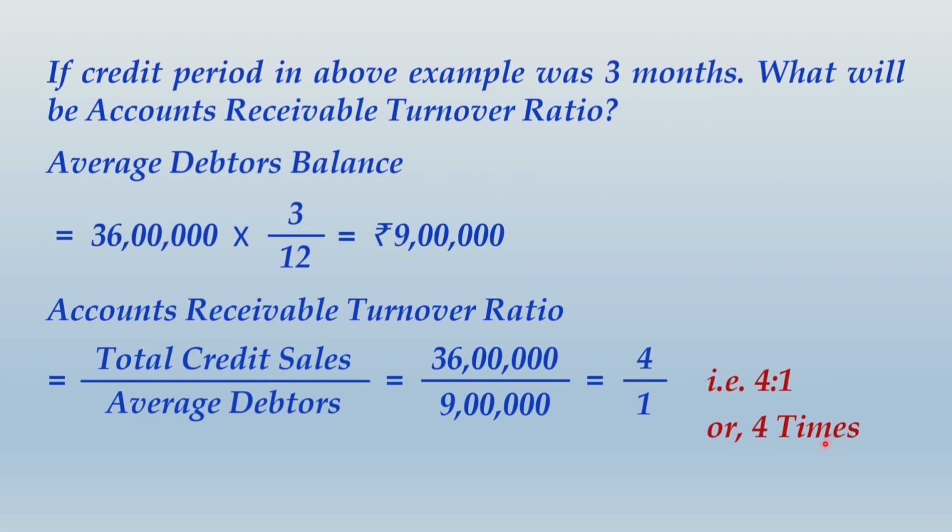Instead of that, suppose the question is giving you information of accounts receivable turnover ratio as 4 times and you need to find out the credit period. Simply what you will do is the entire year of 12 months will be divided by 4 times, so that to explain and represent each cycle having a duration of 3 months, that is what we call as credit period allowed to the customers.